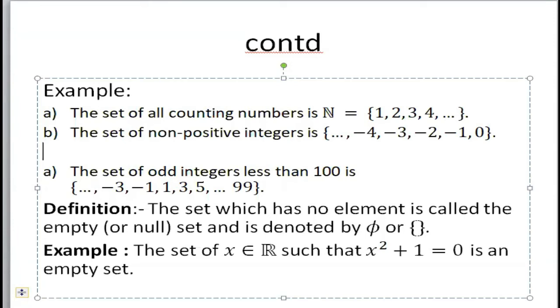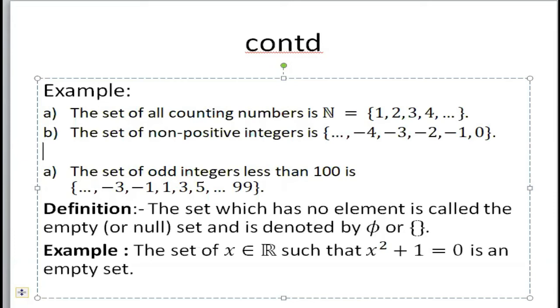And then -5, -10, -15, then dots towards the left. So this is the third example.